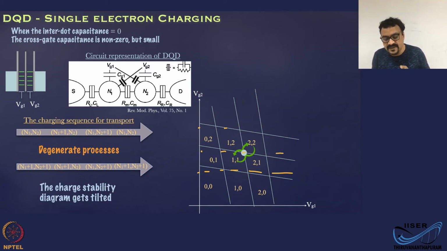What that means is, this cross capacitor is going to tilt the overall stability diagram, both charging lines for both dots, so that the shift because of voltage is compensated. So that is the effect when you have the cross capacitance enabled.